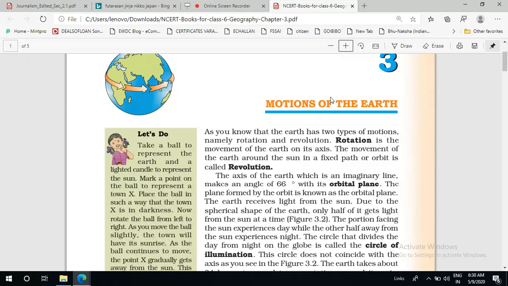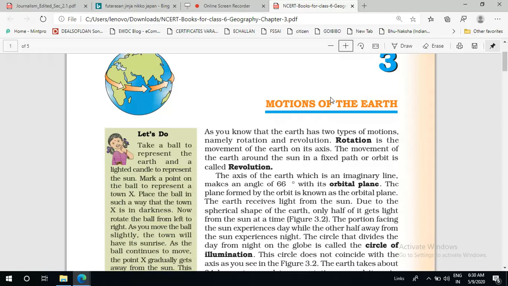And what is this orbital plane? Orbital plane is the plane which is formed by the orbit. And what is orbit? We have discussed orbit in the previous chapter. Orbit is the path along which the earth keeps moving. The earth moves around the sun in a fixed path, and that fixed path is known as orbit.